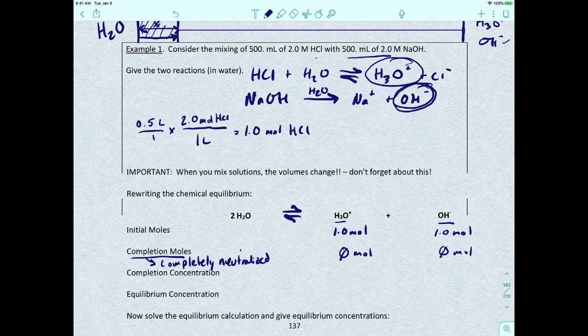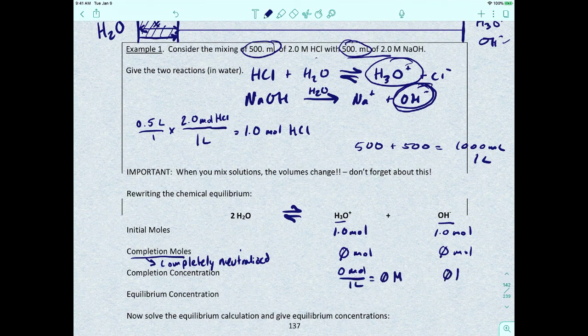Now we need to figure out the completion concentration. So keep in mind the volume was 500 milliliters for both of these. So together, 500 plus 500 should give you 1,000 milliliters or 1 liter. So what we need to do is find the molarity of those. So 0 moles over 1 liter gives you no molarity. And then same thing over here for the hydroxide, 0 molarity.